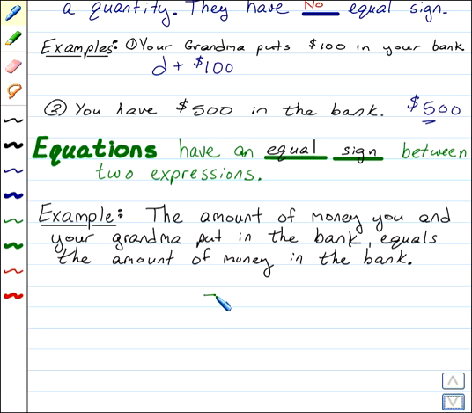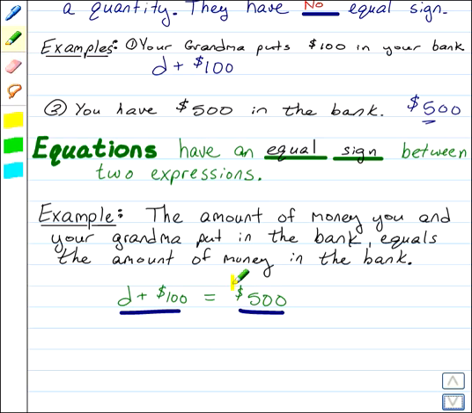These two things are going to be equal. You put in D dollars, your grandma put in 100, and that total is going to be $500. That's two different expressions and an equal sign, which makes an equation.